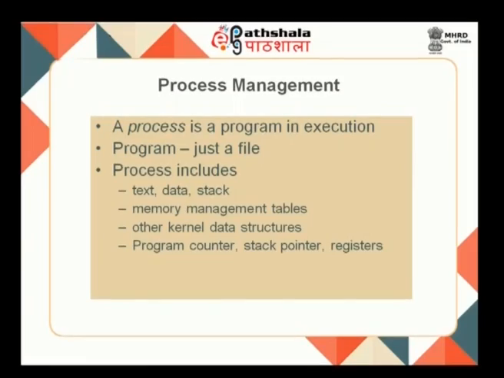You can also have a stack pointer, which will point to the top of the stack. You can also have certain registers which will have values relevant to this particular process. All these put together comprise a process. Now, I think you can see the difference between what a program is and what a process is. A process is called a program in execution.